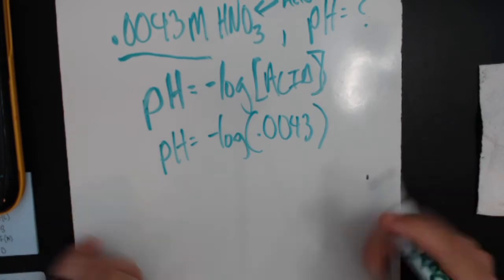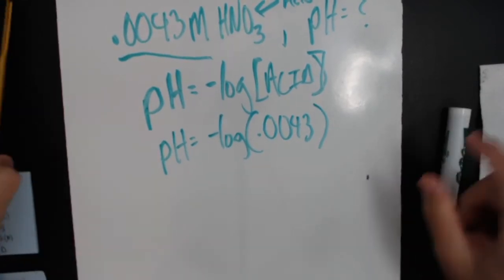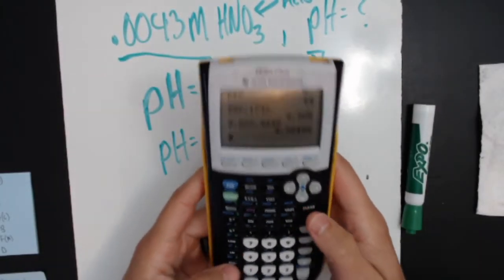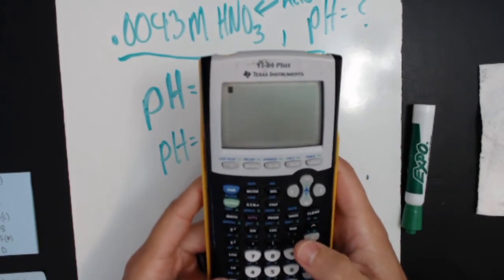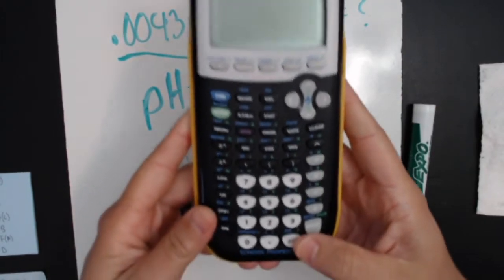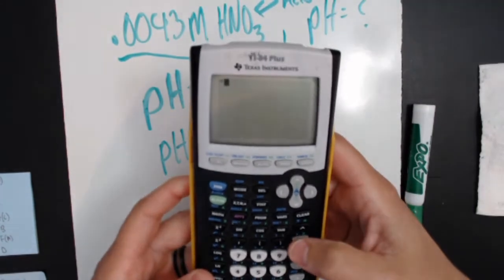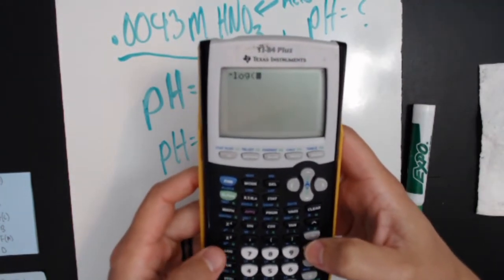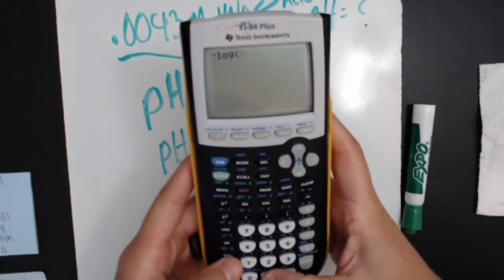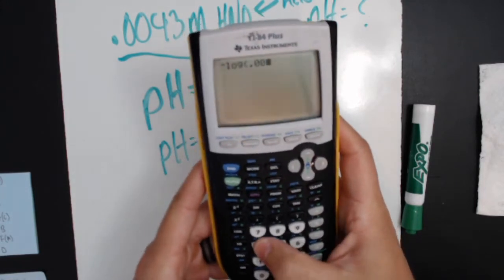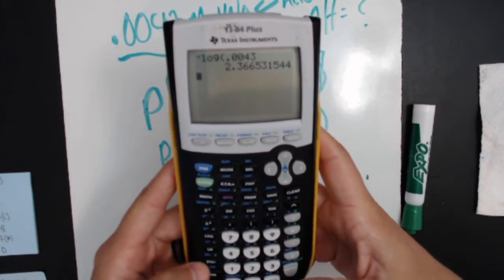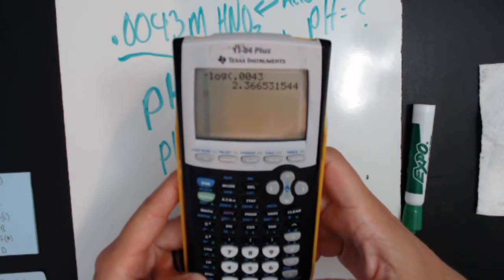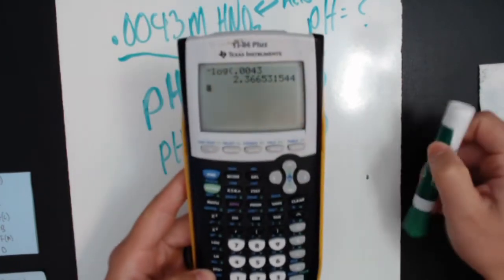Once I've written that down, now it's just a matter of punching it into my calculator. So here we go to our calculator. Again, find the negative button first, negative, the log, then just punch in the concentration of that acid, 0.0043, enter. 2.36665 and so on.